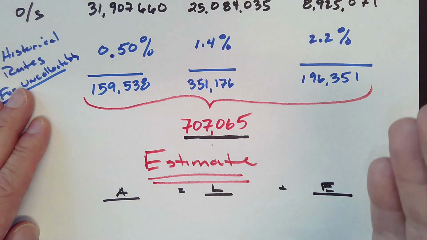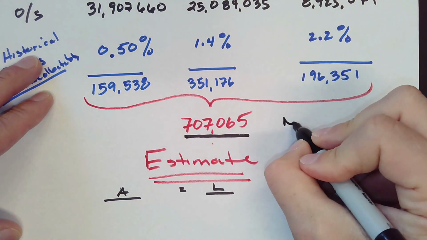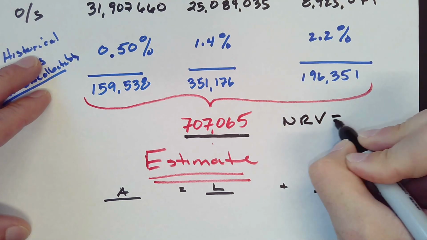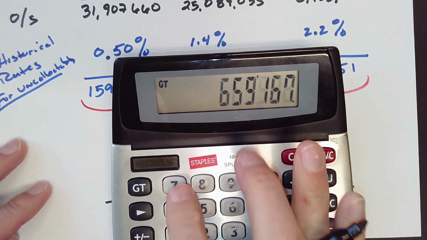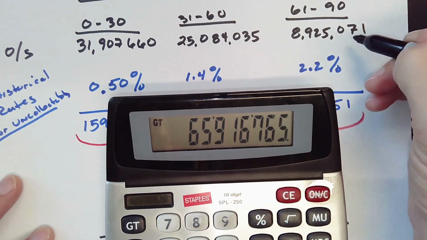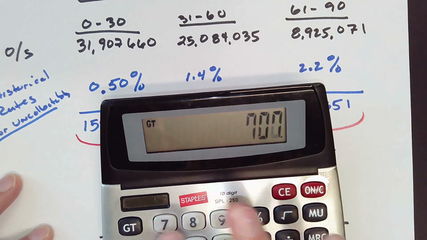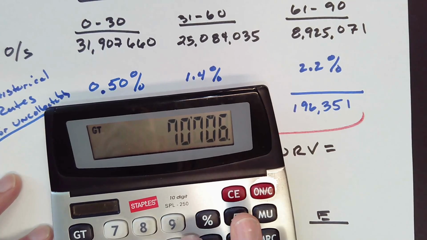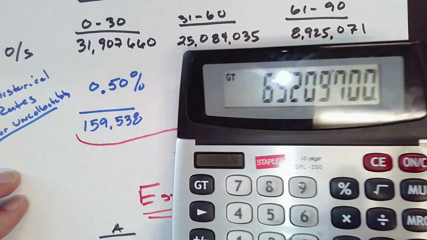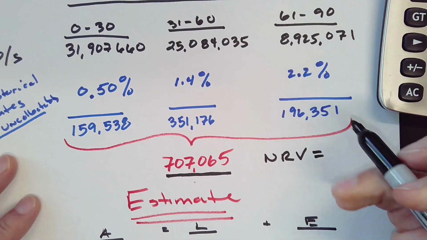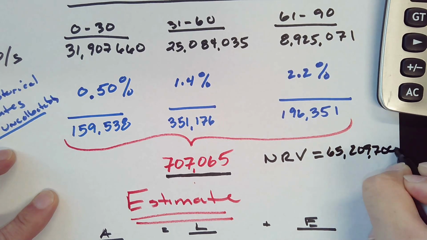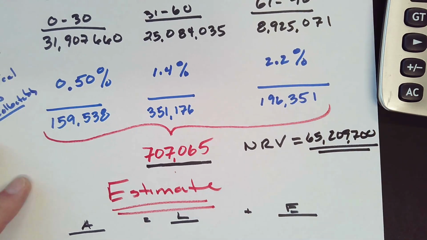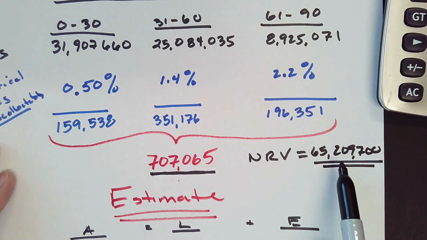So the net realizable value needs to be 65,916,765, the sum of these three amounts, minus 707,065. Our net realizable value should be 65,209,700. That's what my accounts receivable net should be on my balance sheet.